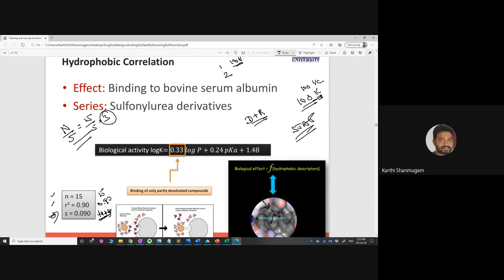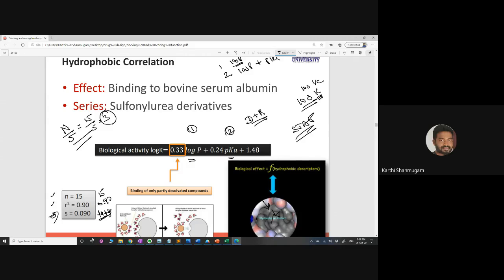Yes, sir. Who said 2? Somebody answered 2. Yes, what are the descriptors? Can you tell? Log P and pKa. Log P and pKa, right? So in this, they have used 2 descriptors. The first descriptor is log P, the second descriptor is pKa. Is it understandable?